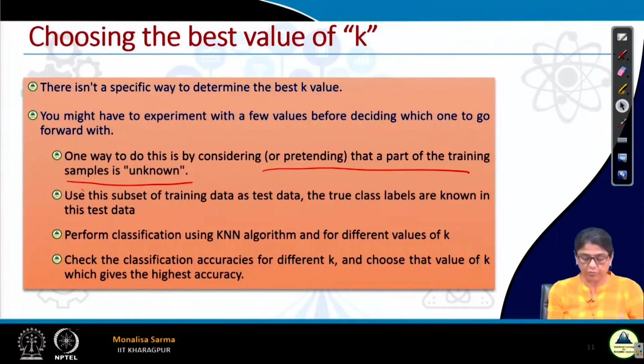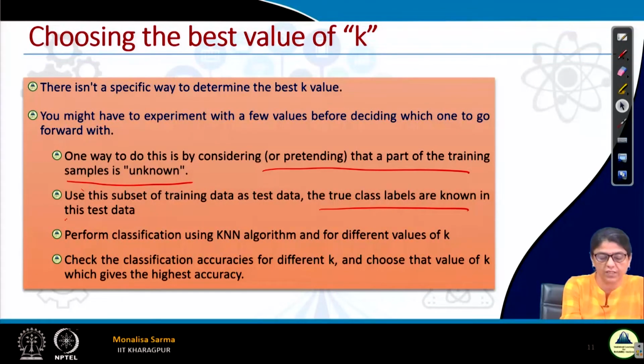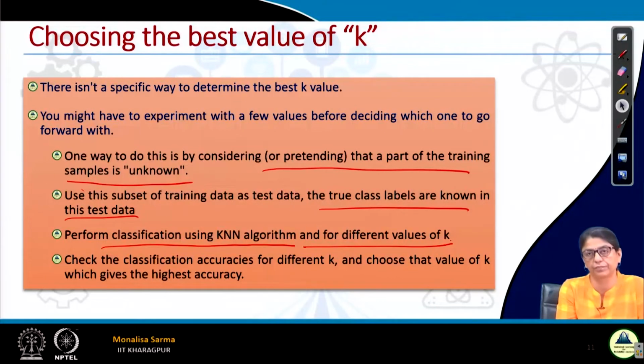Now the other portion, the observations for which the class label is known to us, we will try to put into different categories taking different values of k. Using this subset of training data as test data, the true class labels are known in this test data. Perform classification using the KNN algorithm for different values of k. Check the classification accuracies for different k, because these class labels are known to us.